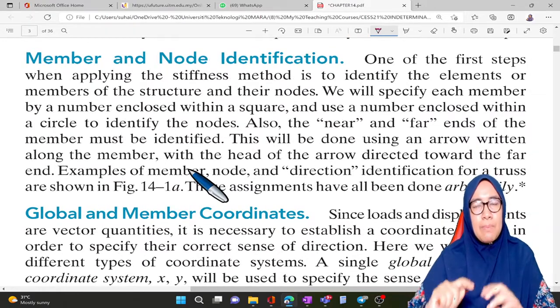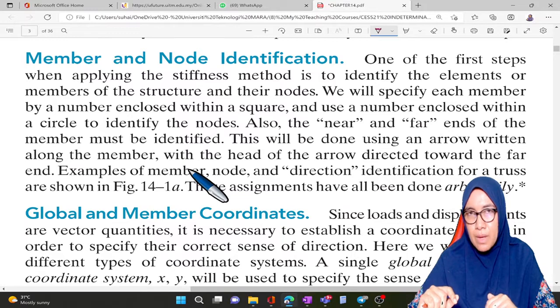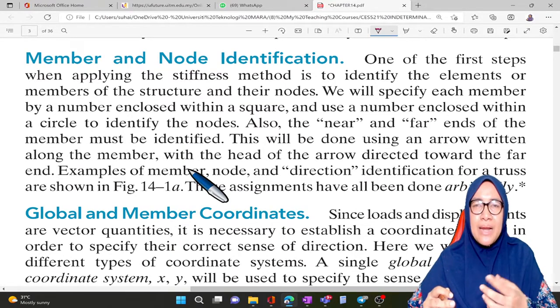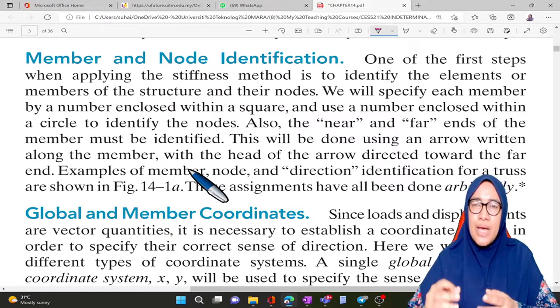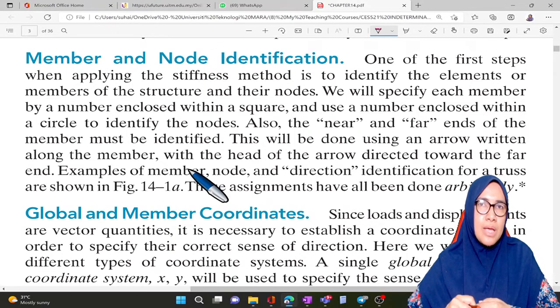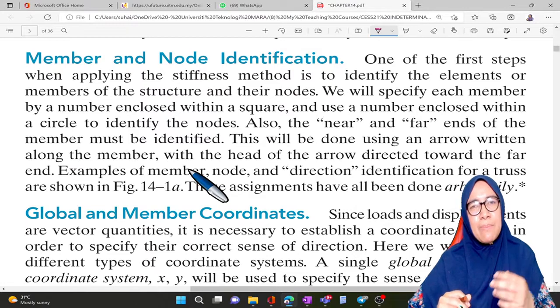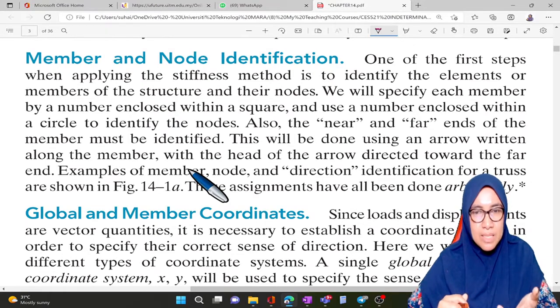Member is element. Conventionally, when we analyze a determinate truss, for example, we label it as ABC. We call it member AB, and we call it member BC in the truss.